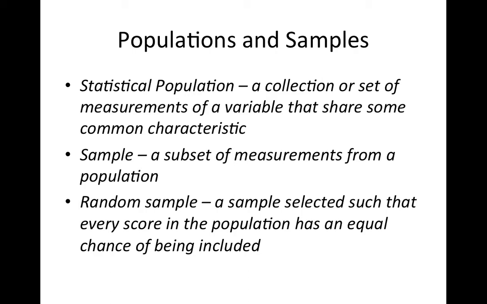So, for example, the population of people, let's say, with Alexander's disease in the world is very small. It's like 30 people, but that is a population. All of the measurements could be from 30 people. If we wanted to measure all of the California condors, those big birds that live in California, there's only a few of them.